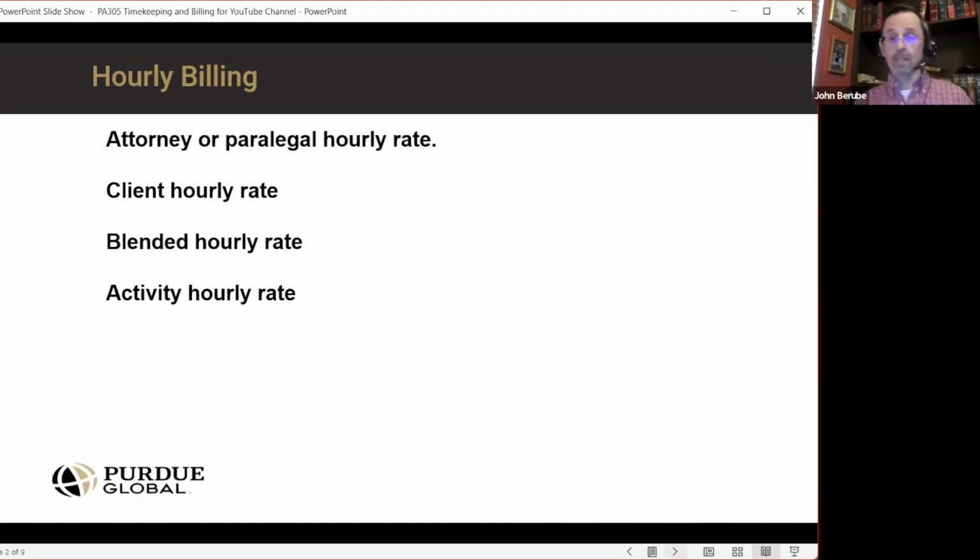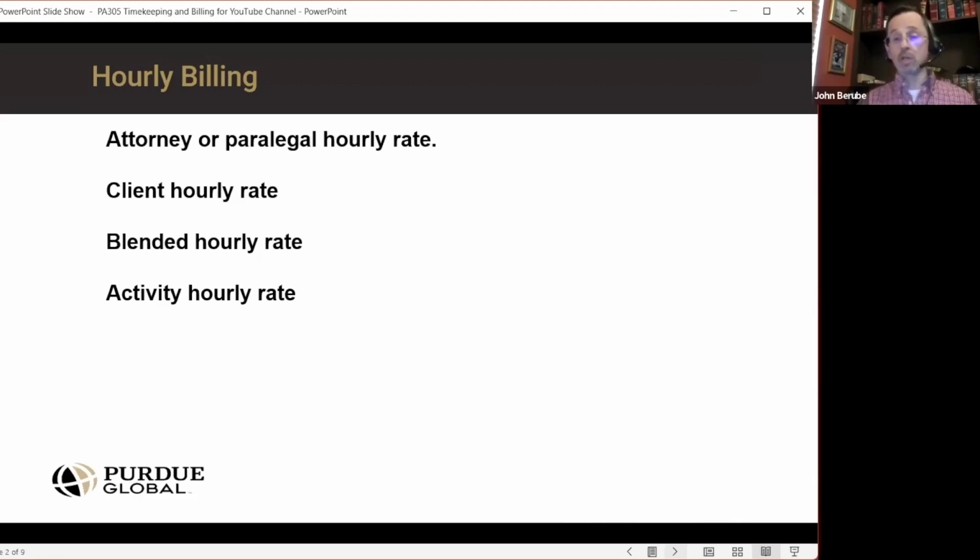Here, we're not looking at the amount of time, we're looking at the task performed as well. So if we're doing research, our research rate is going to be $100 an hour for an attorney. If it's a paralegal, it may be a lesser rate. So we do look at the individual and the activity to figure out what the rate is, not just who's doing the work.